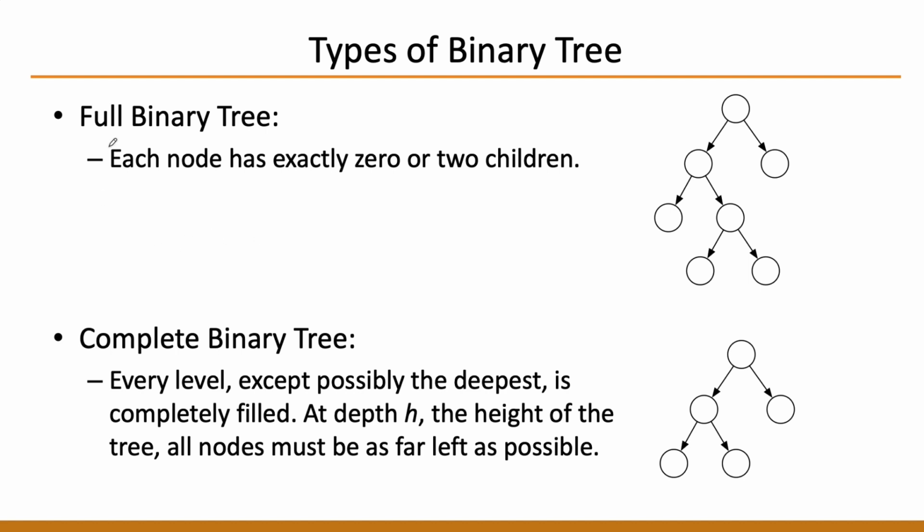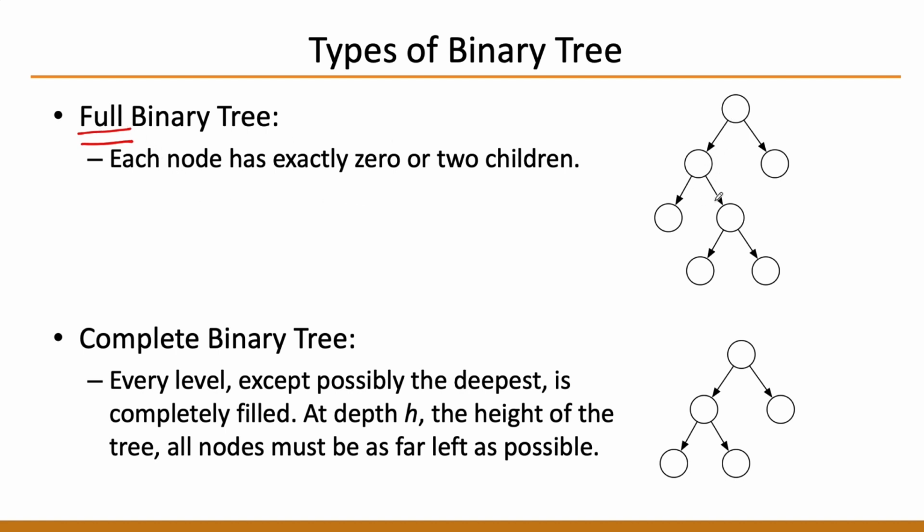The first type of binary tree focuses on whether or not every node is completely filled up. If each and every node has exactly 2 children or no child at all, we call this kind of tree a full binary tree.